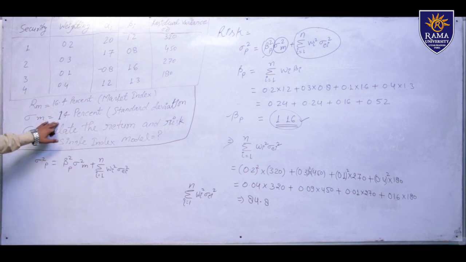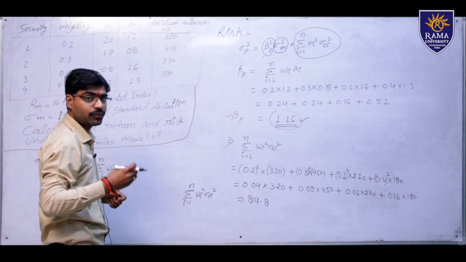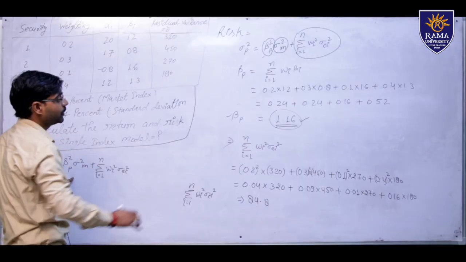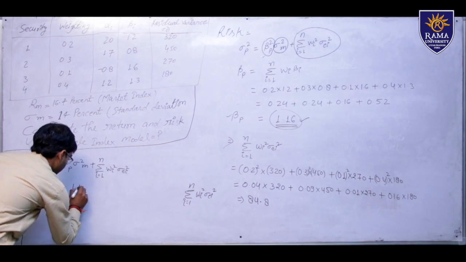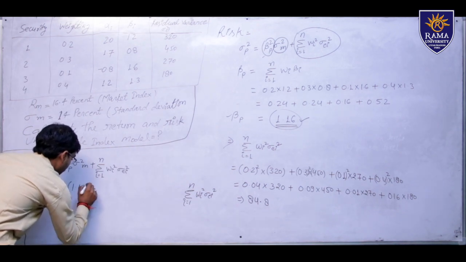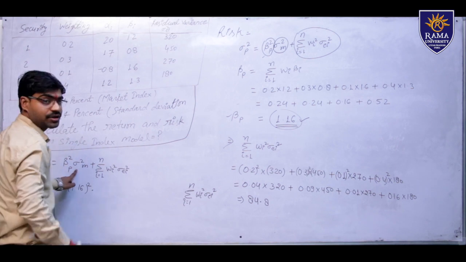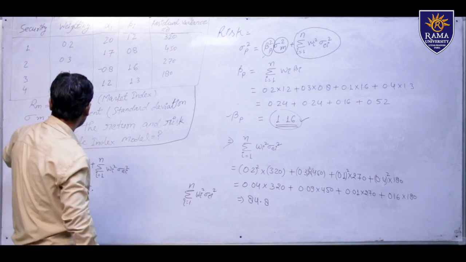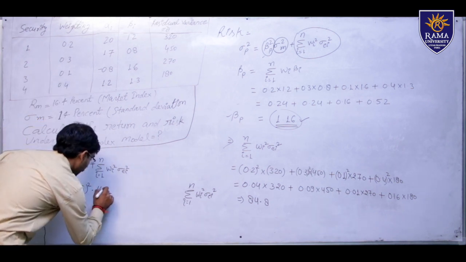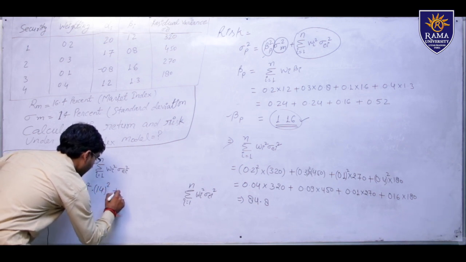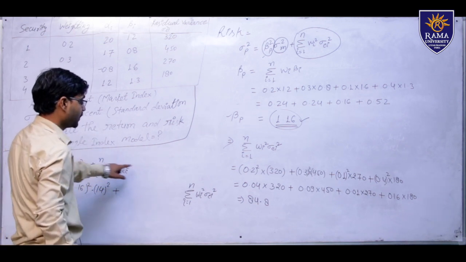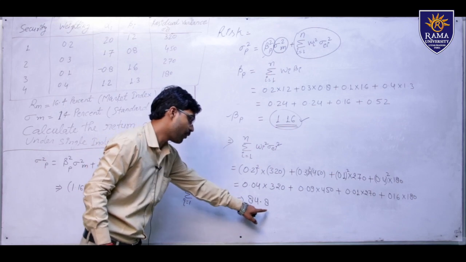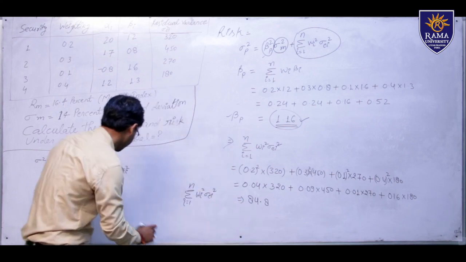In the next step we will put in all these values: beta portfolio 1.16 whole square into standard deviation of market 14 whole square, plus these terms, 84.8.